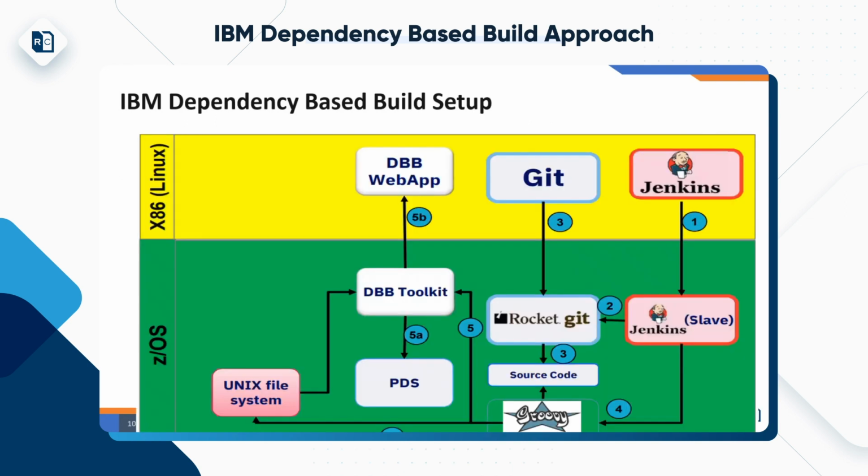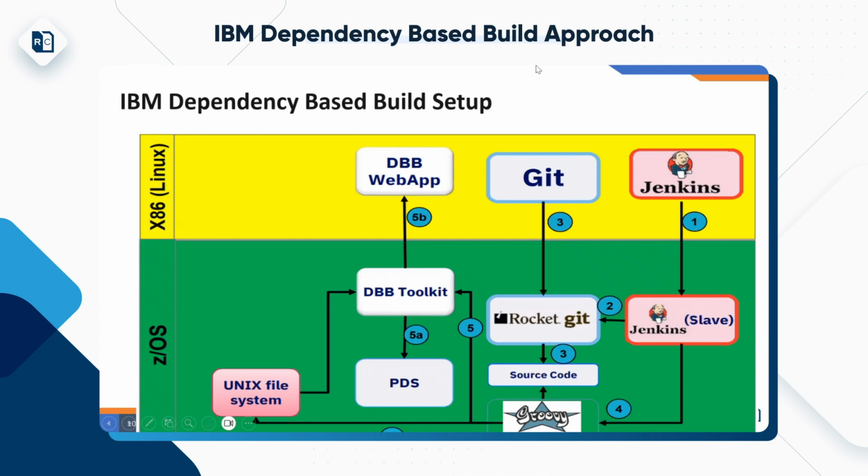Let us now focus on how our dependency based build is set up, and how this modern build will be triggered. Typically the users, in the sense the mainframe developers or the build engineers, will make use of IBM Dependency Based Build. As we have seen, this is a script-based tool.